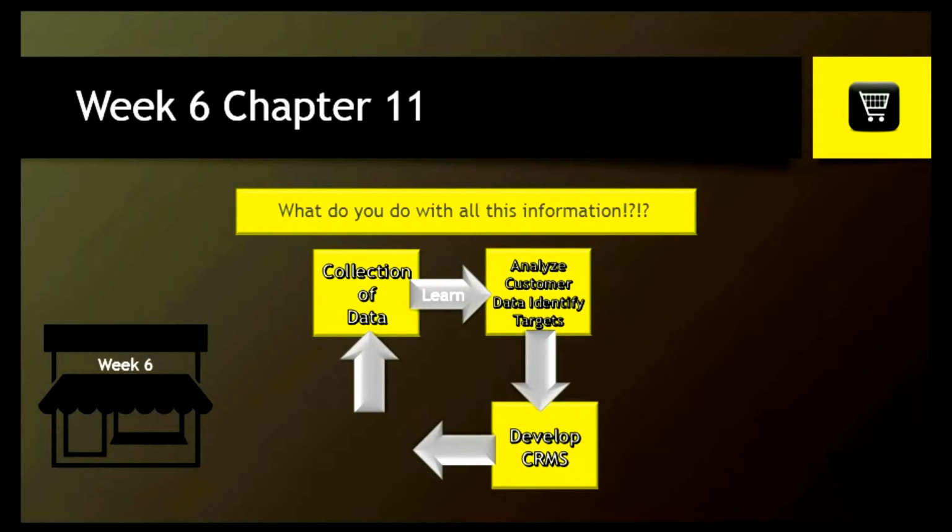And then at that point, we develop these opportunities to be able to interact with the customer, develop this relationship, and implement them. And then again, we go through the process of collecting the data as well.